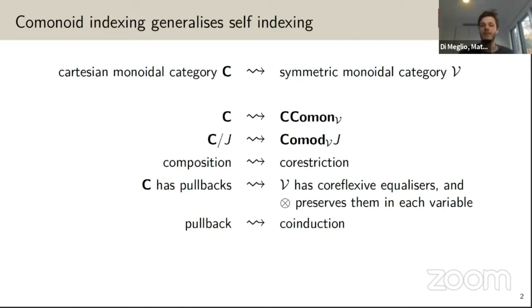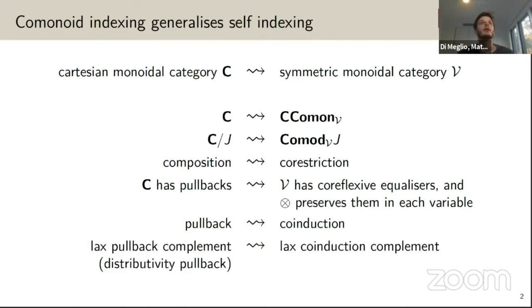Okay, so finally, in the Cartesian case, as I've mentioned already in the introduction, it's not always true that for every morphism in C the pullback functor along that morphism has a right adjoint, but it is useful to consider the case when that's true. So we say that a morphism in C is exponentiable if the pullback functor along that morphism has a right adjoint.